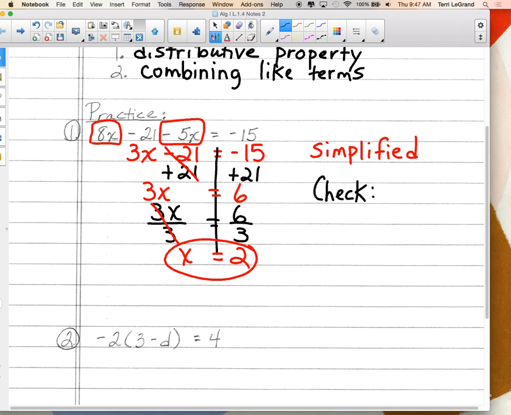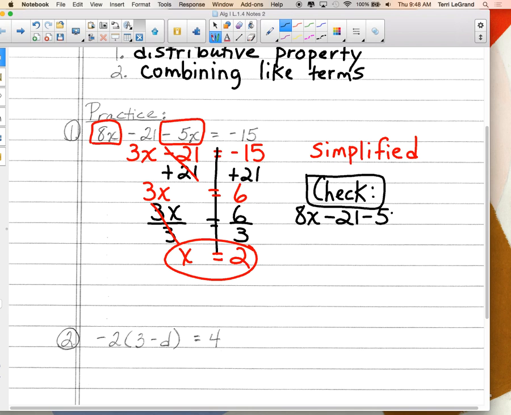Whenever you do a check problem, you must check it in the original equation before you did anything to it. You renamed it, whether it was fractions being renamed in common denominators, it's simplifying, whatever. You never check it somewhere along the way where it's shorter so you can create yourself less work. You have to make sure it checks out in the original equation.